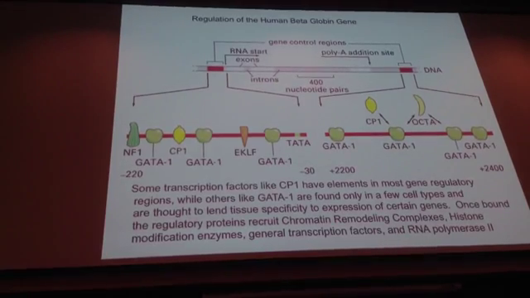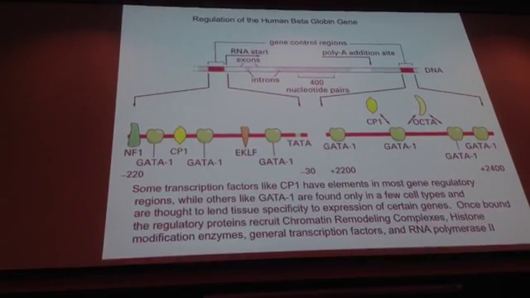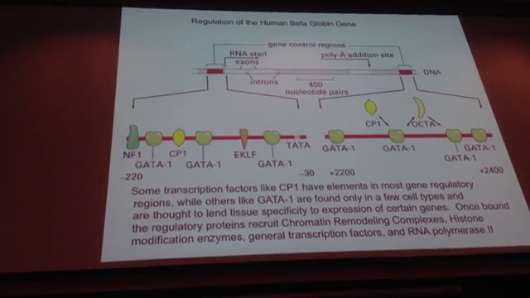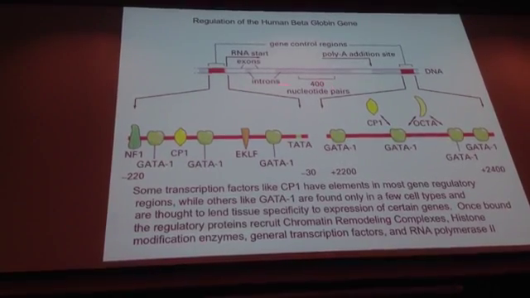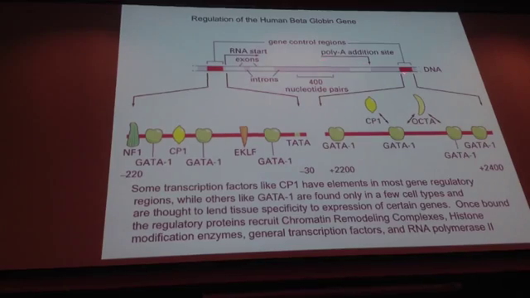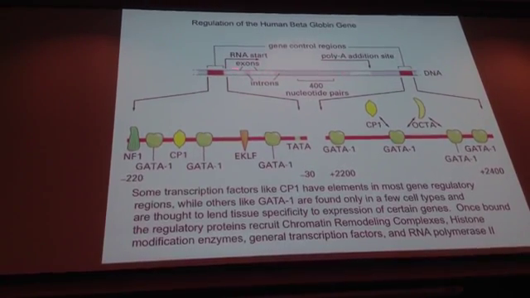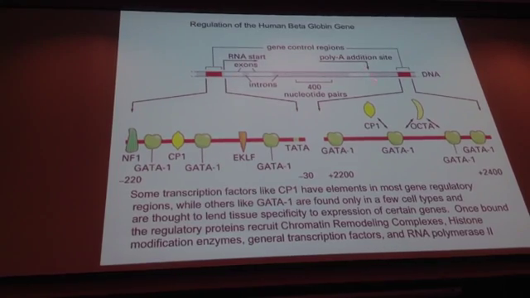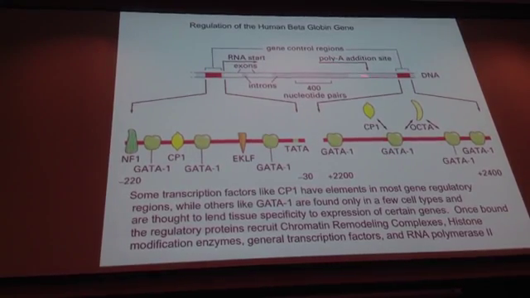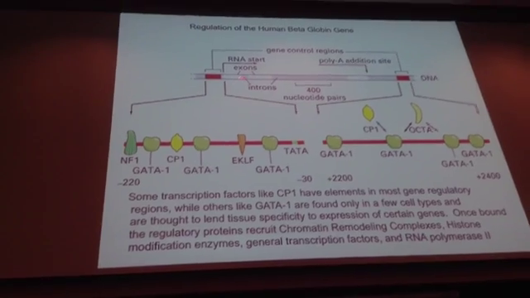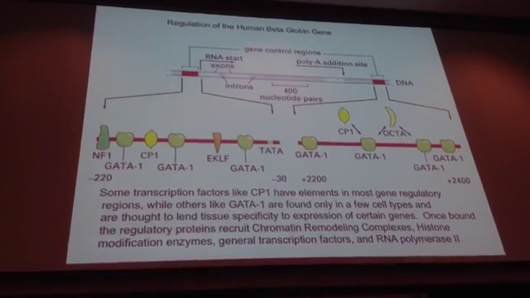Okay, so this is just a picture of a particular gene, a beta-globin gene. You notice that here's the gene that runs from here to here. We're going to talk about exons processed and so forth. But the white regions are the coding regions of this gene.